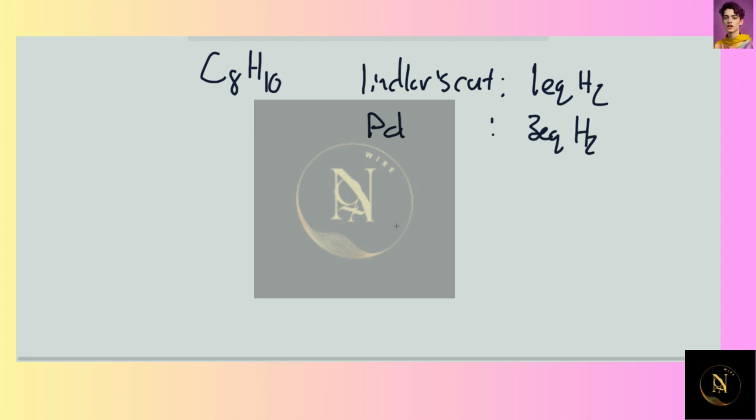Great. What does this tell us? What is the information we get from these catalysts? Well, recall that Lindlar's catalyst will take an alkyne and reduce it to an alkene.